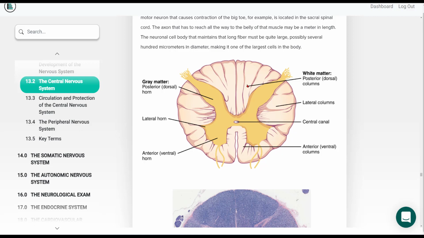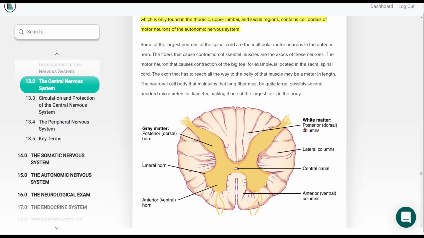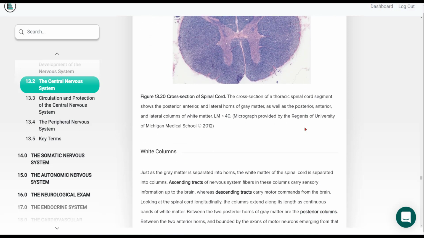These regions of white matter are called columns. So here we have the posterior columns, on the side the lateral columns, and in the front the anterior or ventral columns. So again, this is not hard, it's just new words. The white matter is called columns, the gray matter is called horns. Now, there's another name for the columns. So let me find the best place to add this note.